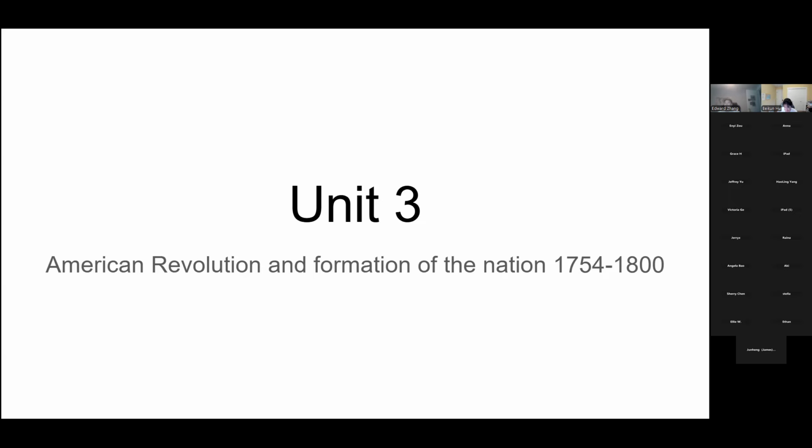So the American Revolution is the main topic of this unit. And George Washington was a very big figure. So in 1800, it was known as the first peaceful transition of power, which I'll get into later.